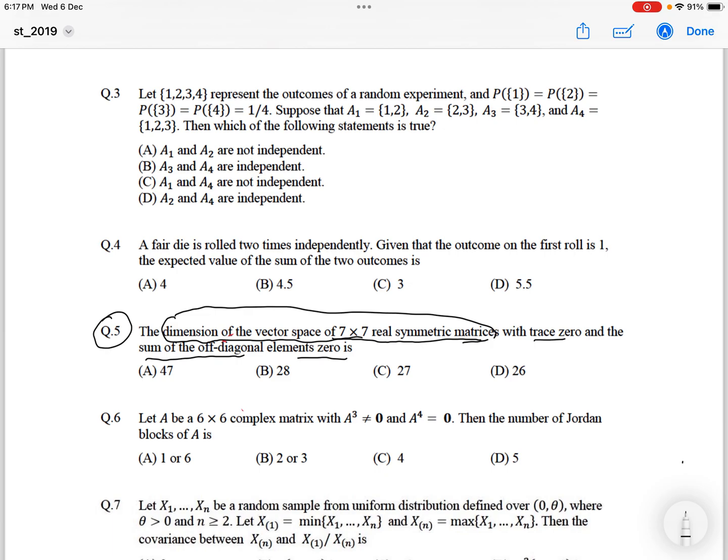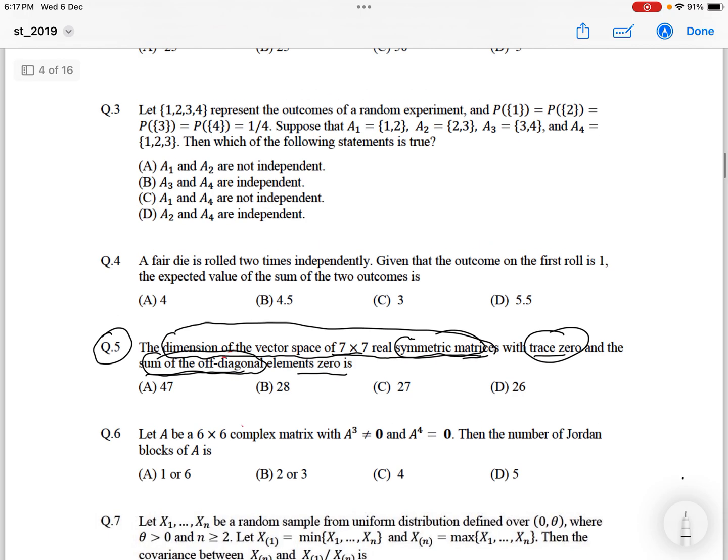But we are given a few conditions: the matrix should be symmetric, the trace should be 0, and the sum of the off diagonal elements should add up to 0. With these conditions, what will be the dimension?